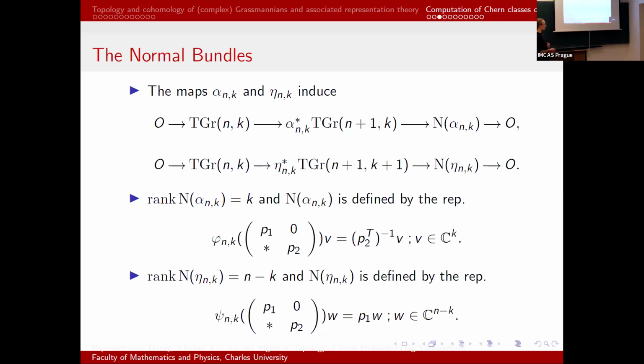For brevity, I will sometimes refer to the bundle N alpha nk as the vertical normal bundle because it is induced by the vertical maps in the cohomology lattice, and similarly N eta nk will sometimes be referred to as the horizontal normal bundle.